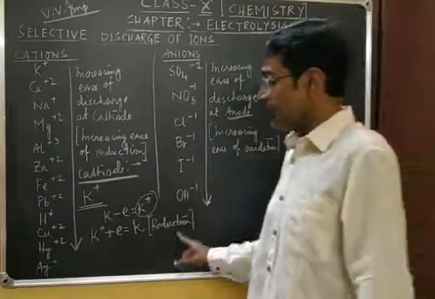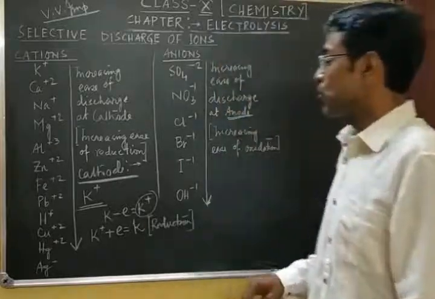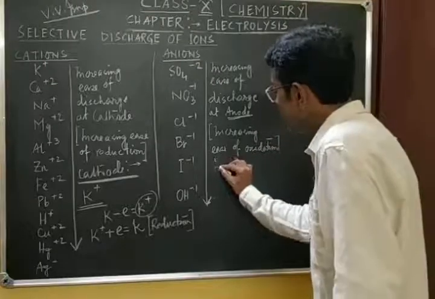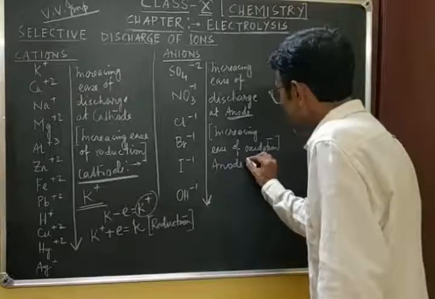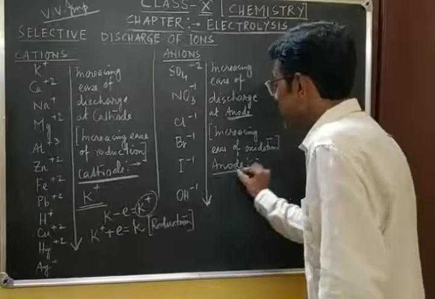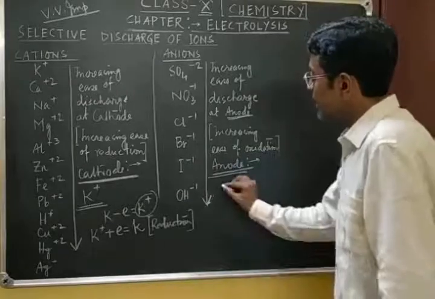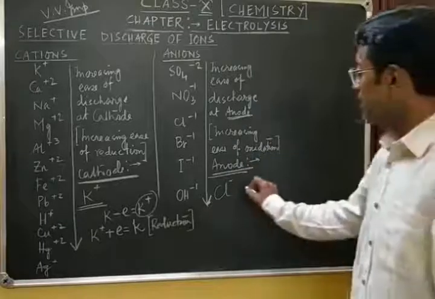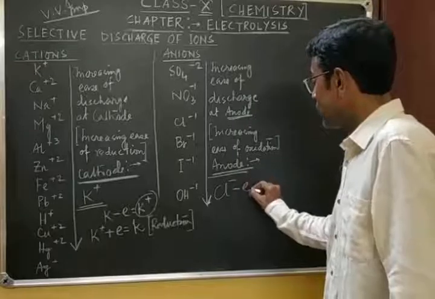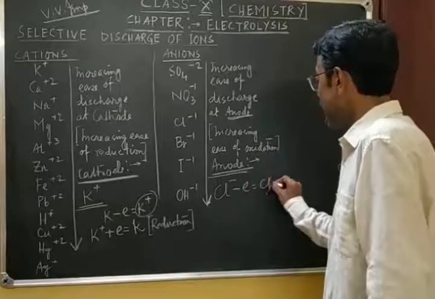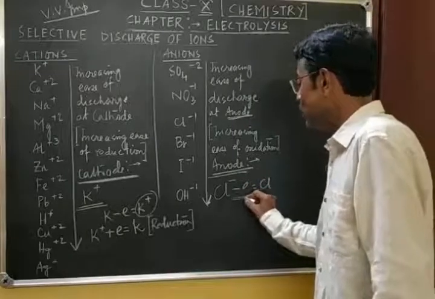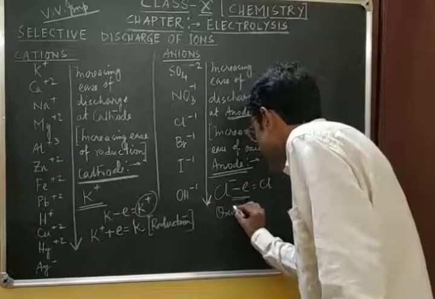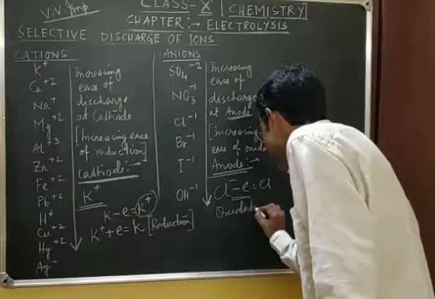If reduction takes place at the cathode, what will happen at the anode? At the anode, I am taking this example: Cl minus will lose one electron to produce chlorine. And when any element loses electrons, it becomes oxidized. So here oxidation takes place.